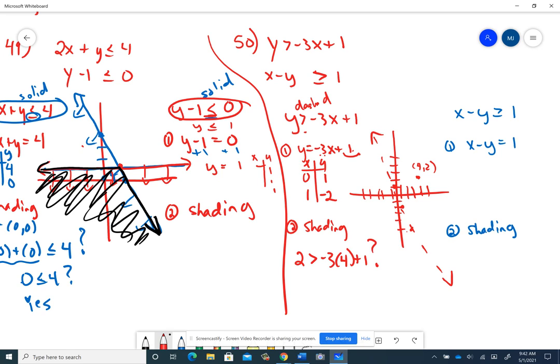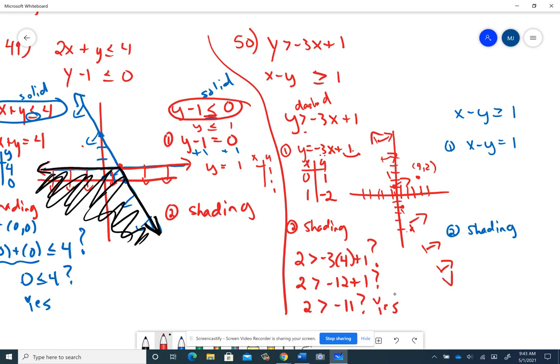That's my question. Is 2 bigger than negative 12 plus 1? Is 2 bigger than negative 11? Is my question. And the answer is yes, it is. So that means I should shade this way, towards the 4, 2.